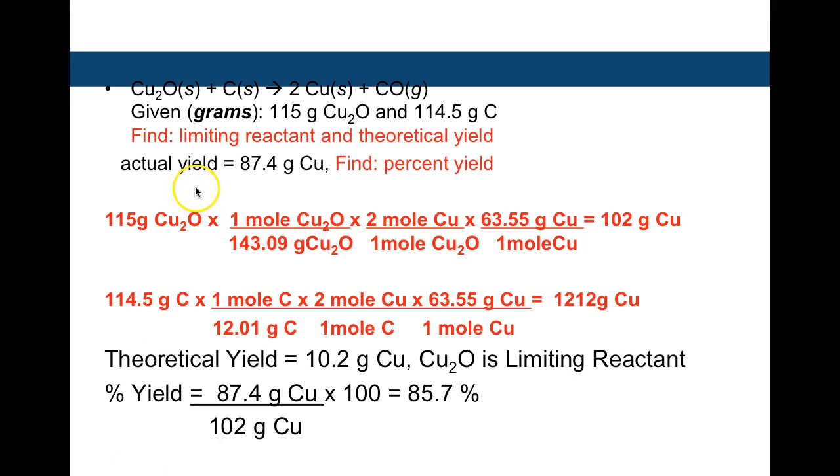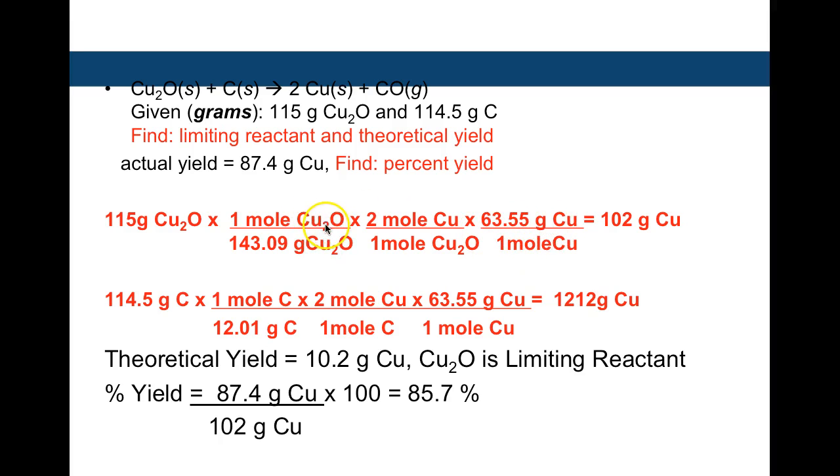All right, for the next one where you have the copper 1 oxide reacting with carbon to give you copper and carbon monoxide. Same process, you take the 115 grams of the copper 1 oxide divided by the molar mass of copper 1 oxide, and then you use the mole ratio of 1 mole of copper 1 oxide to 2 moles of copper, and 1 mole of copper is 63.55 grams of copper.